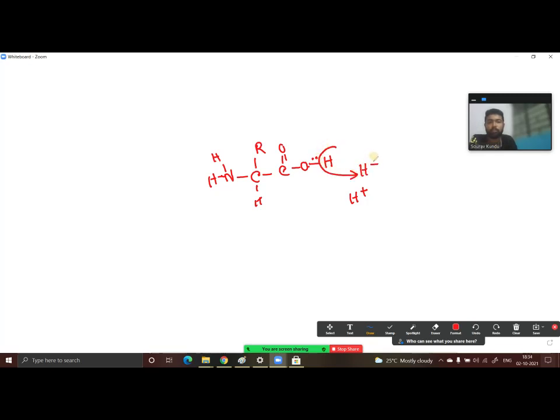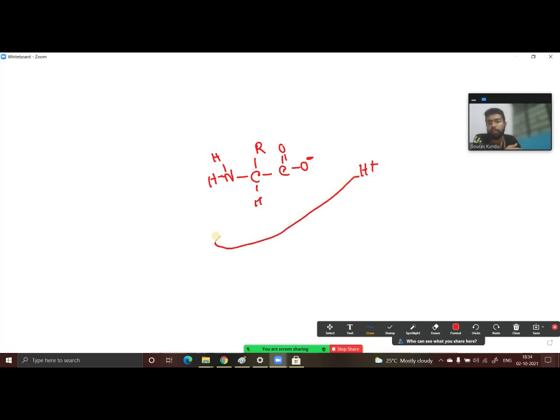Now hydrogen is removed in the form of H plus without taking its electron. So hydrogen is removed without taking its electron, so it is converted into H plus, and oxygen keeps hydrogen's electron, so oxygen is converted into O negative.